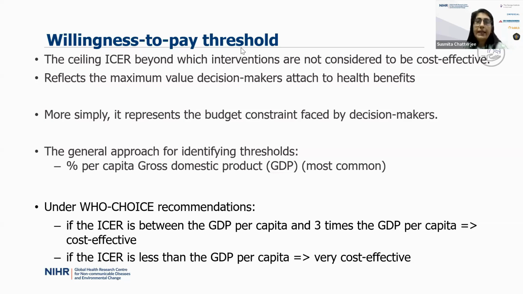In WHO-CHOICE, they have given this: anyone's willingness to pay, from a consumer point of view, will not go beyond the gross domestic product of that person. I mean, when I'm saying a consumer, then I'm saying the gross domestic product of that person.